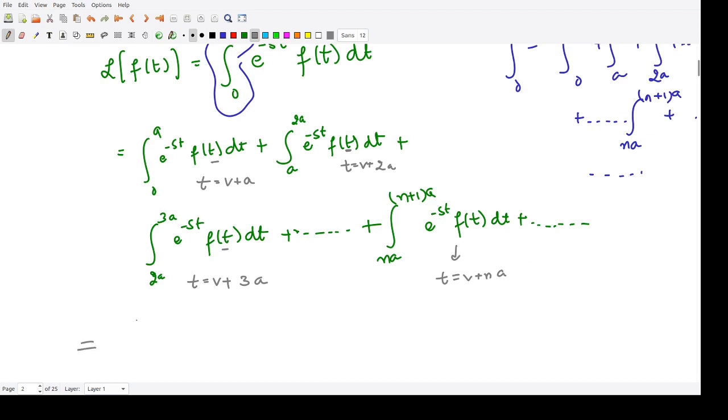So what do we have? The Laplace transform of f of t would now become, in this particular integral, integration from 0 to a as such, e to the power minus st f of t dt.